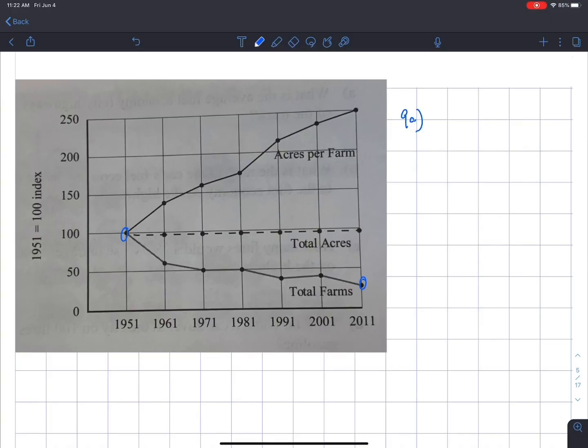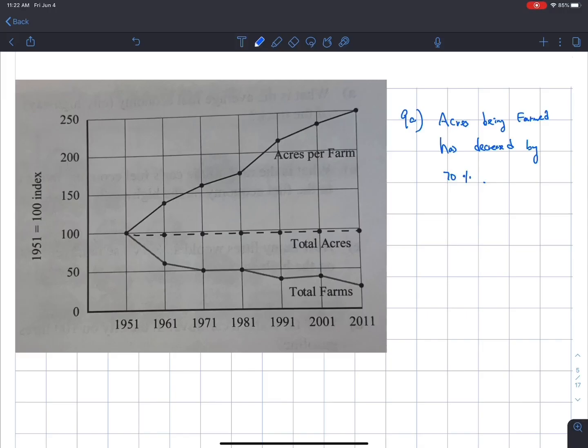So you can say that acres being farmed has decreased by, so we are assuming that 1951 is 100. You can think of that as 100%. So from 100% decreased to, that looks like around 30%. So it has decreased by 70%, right?